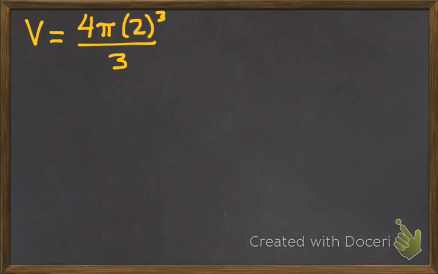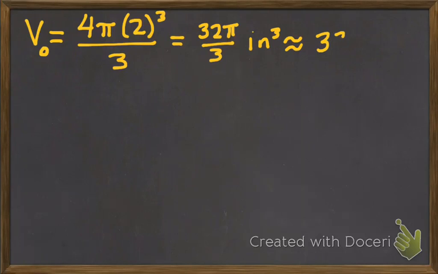And let's go back and put a little 0 subscript on our volume, just to remind ourselves when we look back at this that this was the volume at the beginning of the problem, or the initial volume. And so then 2 cubed is 8 times 4 is 32, so that gives us 32 pi thirds cubic inches, and the approximate value of this is 33.5 cubic inches.